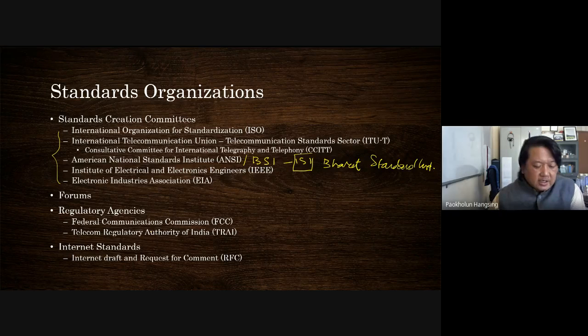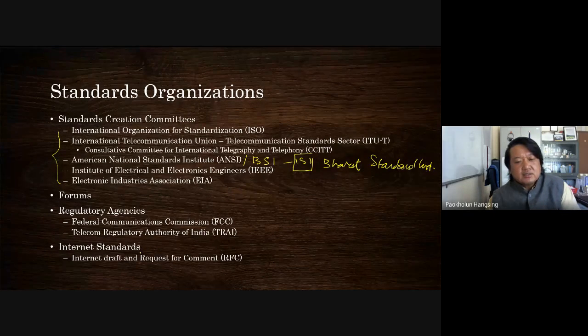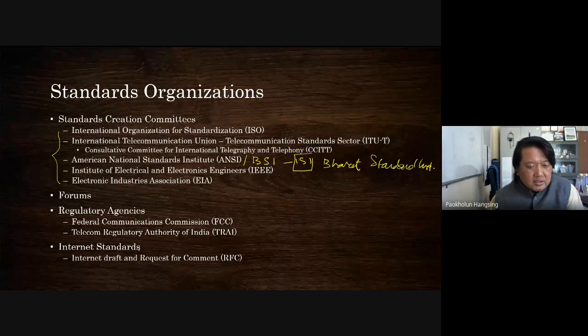Then we have internet standards. Now, an internet standard is a thoroughly tested specification that is useful to and adhered to by those who work in the internet. The internet standard follows a certain procedure, that when something new comes up, there is a formalized regulation that must be followed.